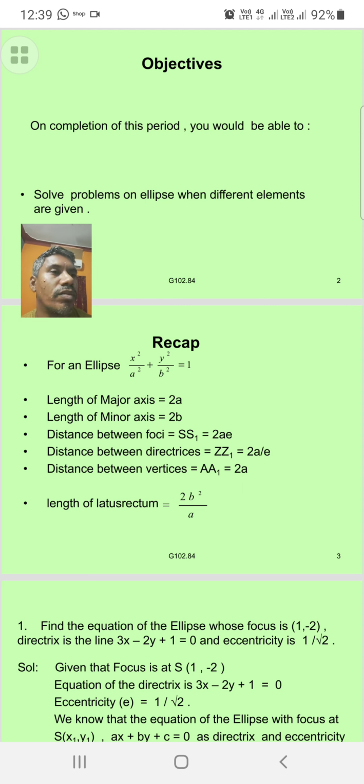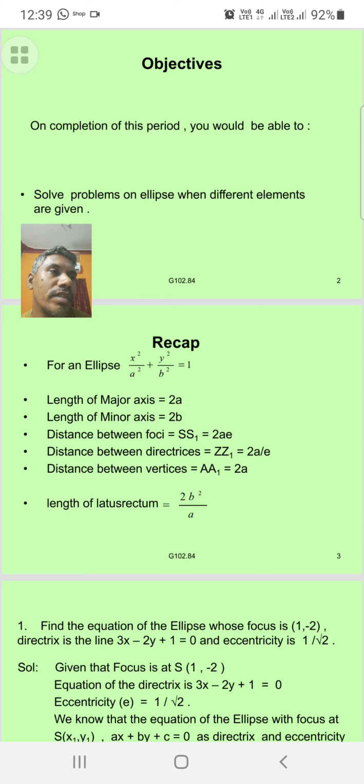Then once you know one value, a or b, substitute again in the eccentricity formula, latus rectum formula or foci formula, and you will get the b value also.